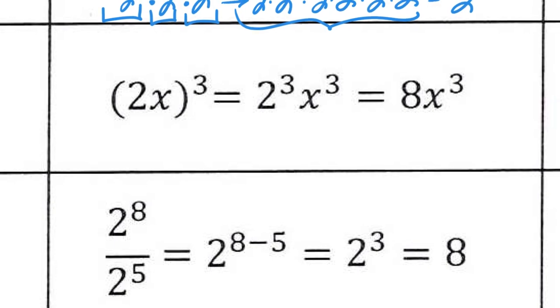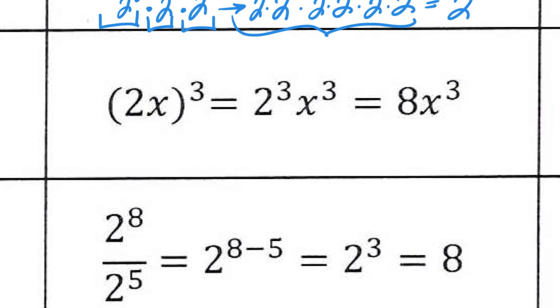In this case, we can see that we have a base of 2x, so a 2 and an x and an exponent of 3. The shortcut says that both the 2 and the x receive the cube. A lot of students make mistakes at this particular question. That's why I like doing a little bit longer math.